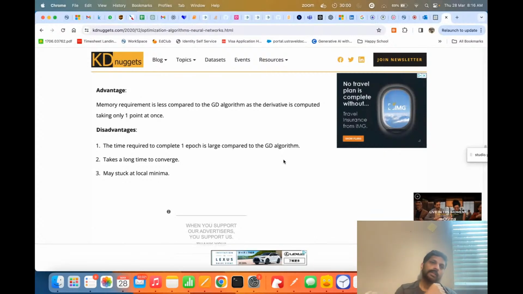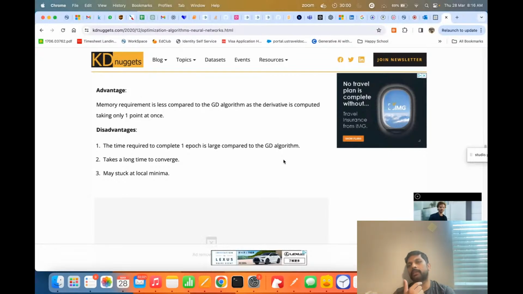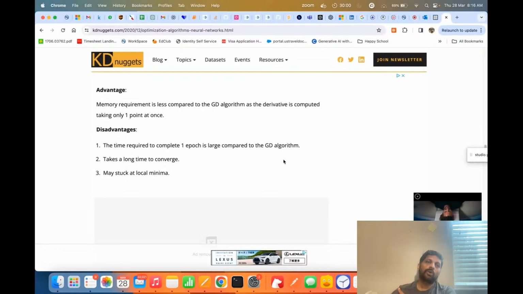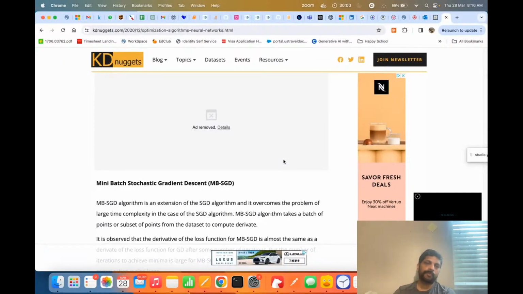SGD needs more time than GD, but the math calculation is easier. And we don't solve the problem that it can still get stuck at a local optimum.